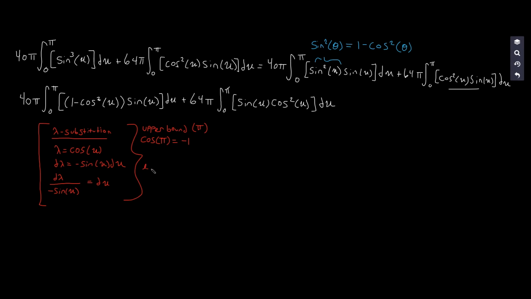As for the lower bound, the lower bound is 0, and cosine of 0 is just 1. Wait, no, what am I saying? Yeah, I'm right. Cosine of 0 equals 1. There you go. All right. That should do it for that.